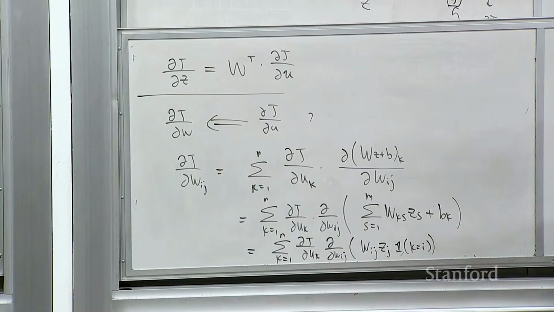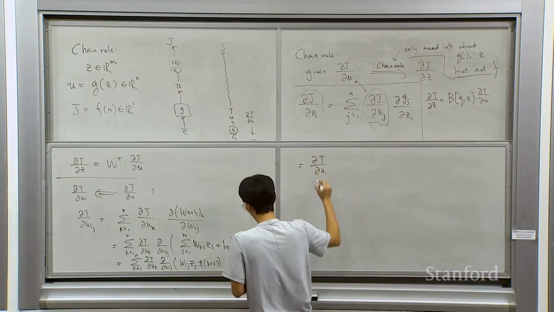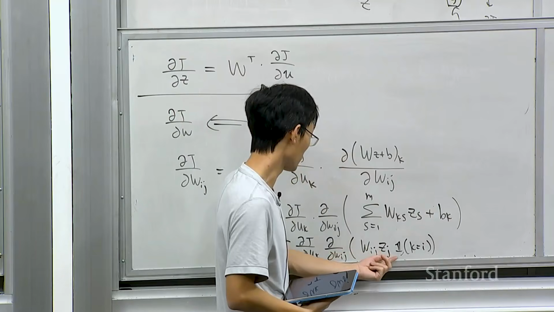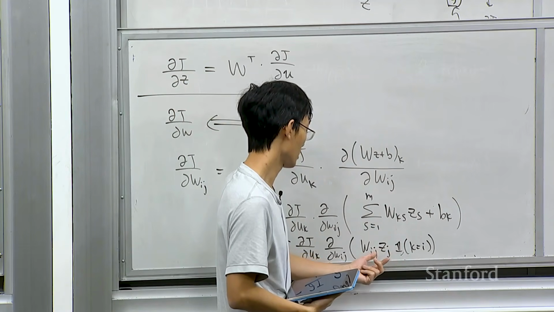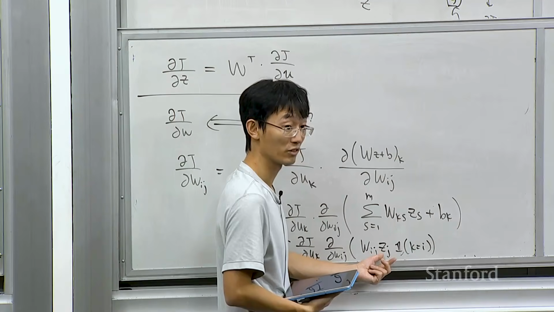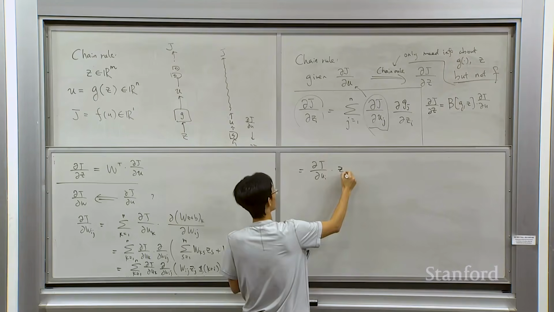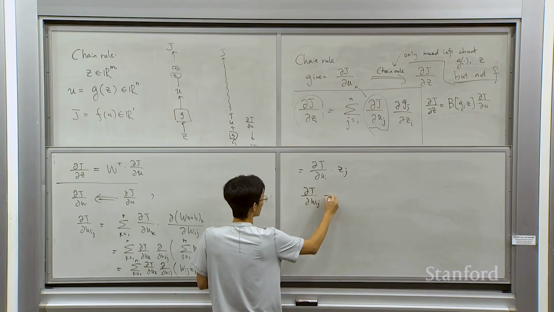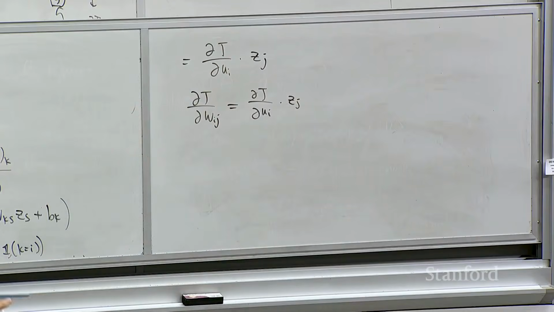So basically this is just, when k is equal to i, dJ over dU_i times this derivative. The linear coefficient is a linear term. The gradient is the linear coefficient, and the coefficient is z_i, z_j. So maybe just rewrite this as equal to.